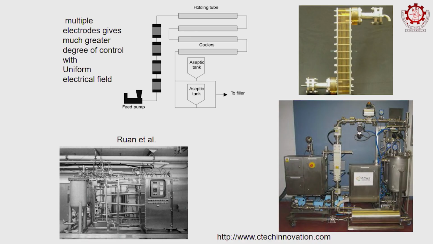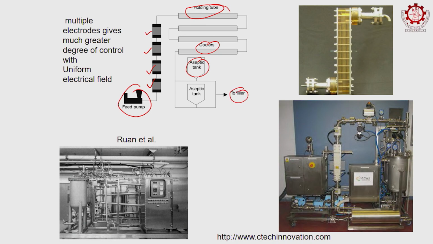So, during a traditional Ohmic heating, you are going to have multiple Ohmic heaters. You may have, in this example, 1, 2, 3, 4 Ohmic heaters. If you look at the rest of the system, you have a feed pump, a holding tube, a cooling section, an aseptic tank, a filler.